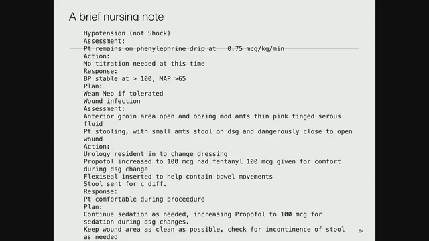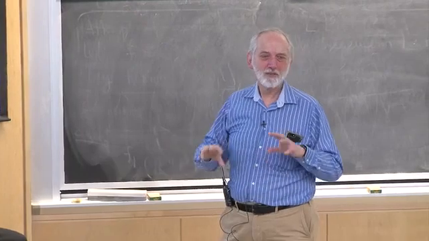Wean them from this drug, presumably, if it's tolerated. Wound infection, so anterior groin area open and oozing, moderate amounts of thin pink tinged serous fluid, patient stooling with small amounts of stool dangerously close to the open wound, etc. So this is sort of the nurse's snapshot.